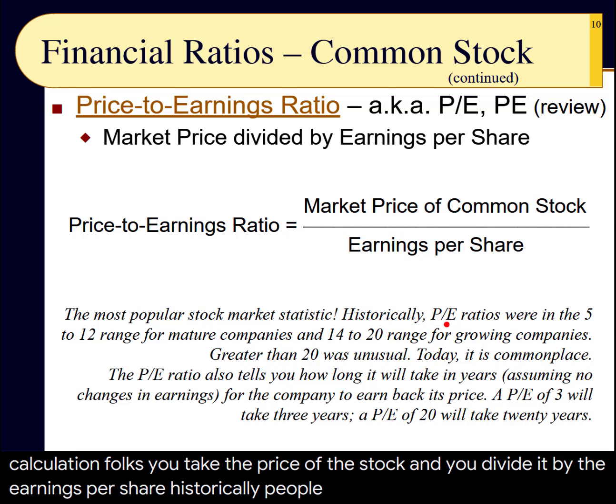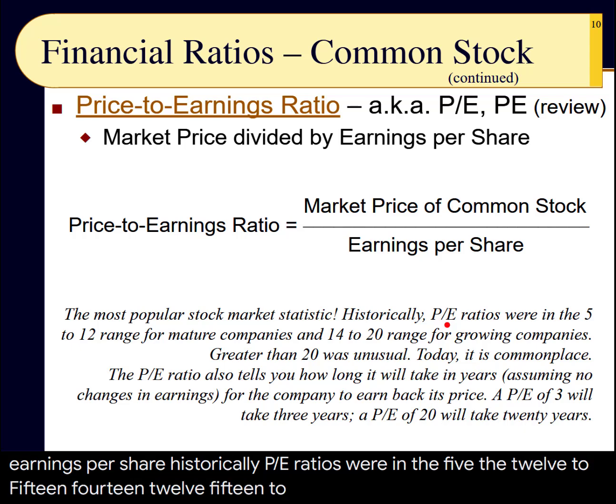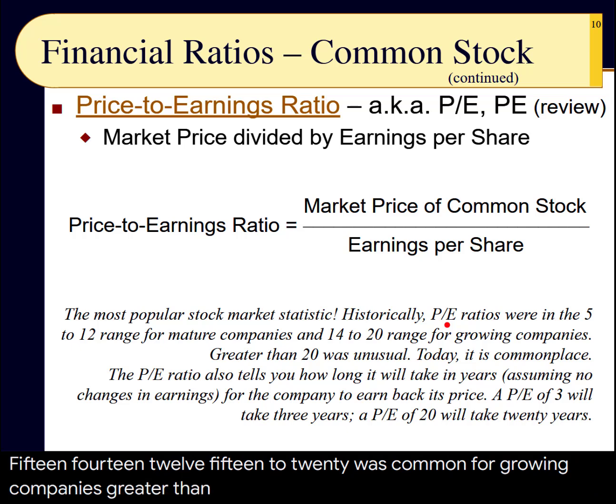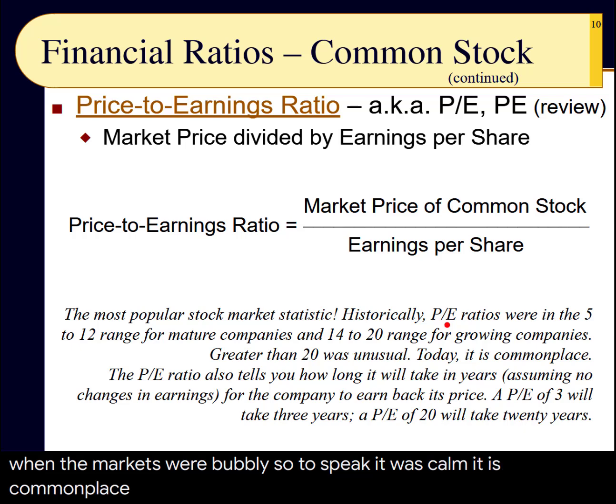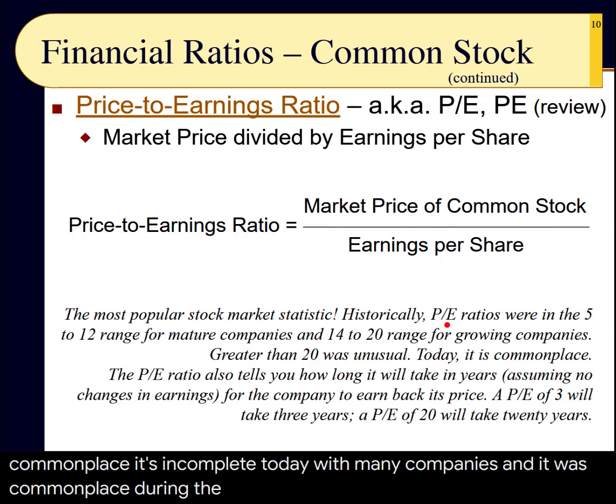Historically, PE ratios were in the 5 to 15 range, and 15 to 20 was common for growing companies. Greater than 20 was unusual, except today and during other times when the markets were bubbly, so to speak. It is commonplace today with many companies, and it was commonplace during the 1920s, the 1960s, and then in the 1980s and 90s.